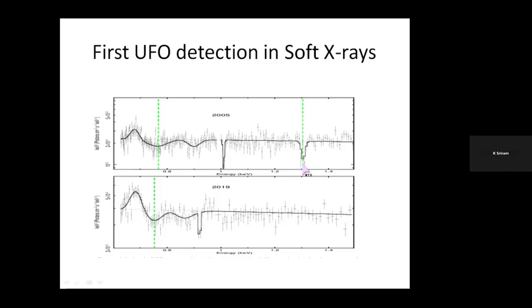They are moving with speeds of 30% of the speed of light. So the wind is very fast, 30% of the speed of light, 60,000 kilometers per second. In 2009, this particular line is again disappearing.